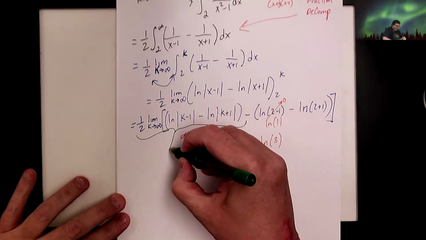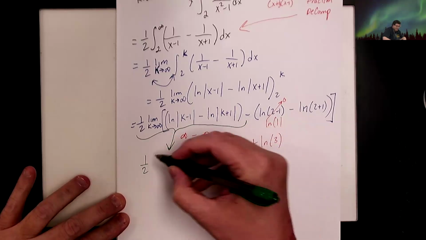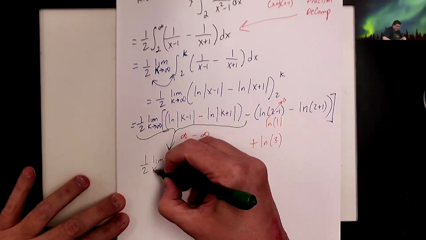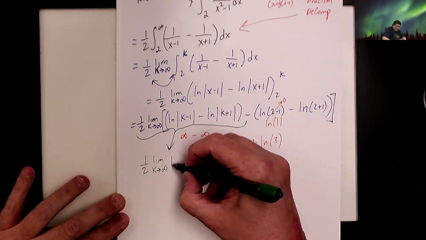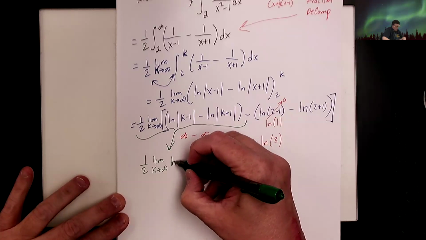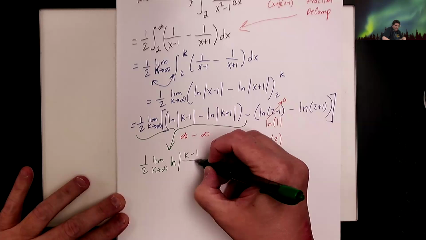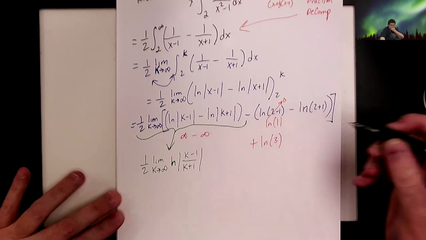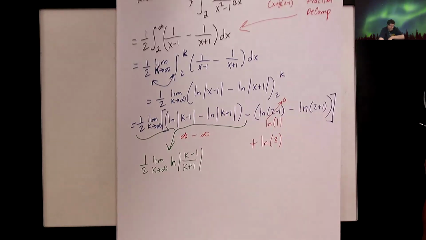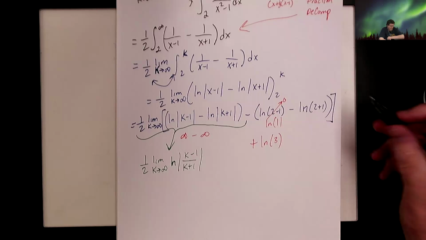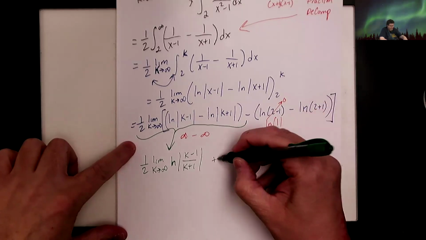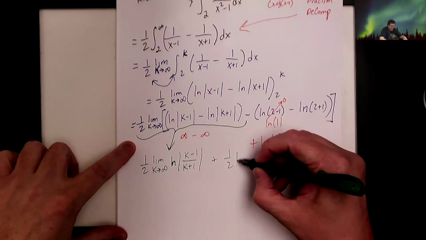It turns to division, yes. Natural log of K minus 1 over K plus 1. And then we have a plus 1/2 of ln of 3.